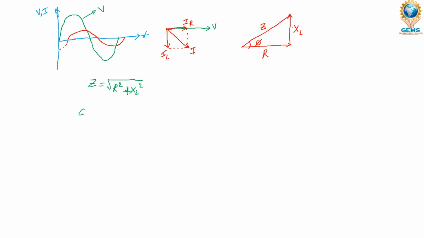And with cos phi, cos phi equals adjacent by hypotenuse. What is adjacent? R. Hypotenuse is Z. Cos phi equals R by Z. And next, tan phi, we already wrote that value also. Tan phi equals XL by R.